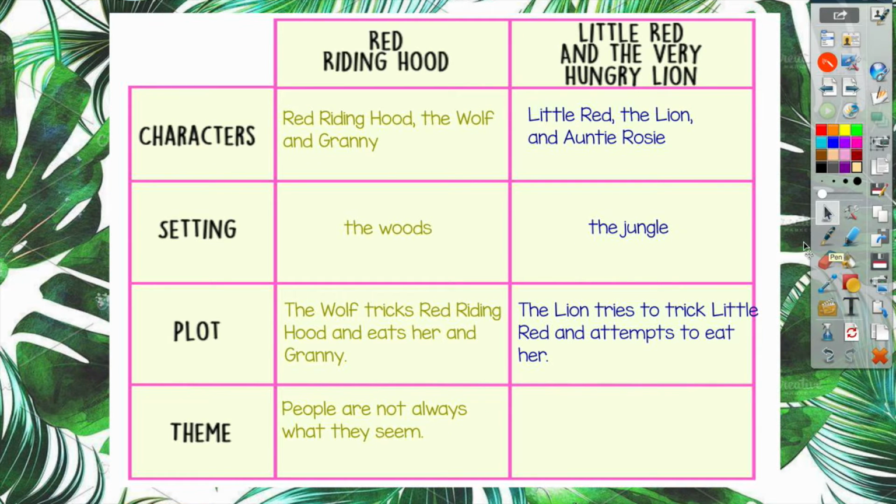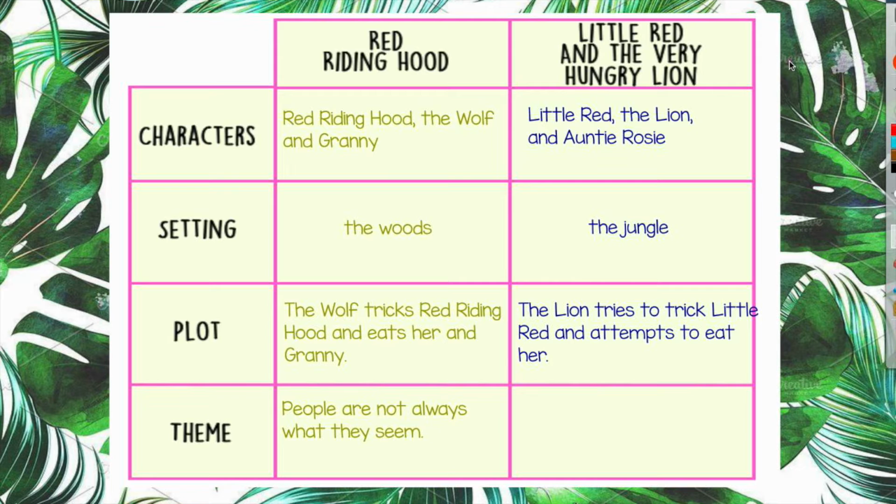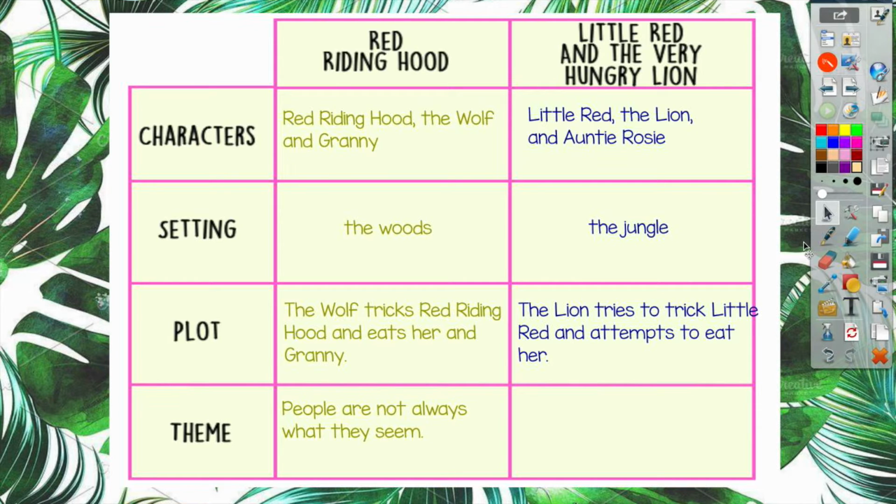Fantastic. Now let's think about the theme that we learned from Little Red and the Very Hungry Lion. So through this story, the lion really learns a lesson that connects to what we can learn. And that is that trying to trick someone is never the answer. In the story, the lion tries to trick Little Red into believing that he is Auntie Rosie.